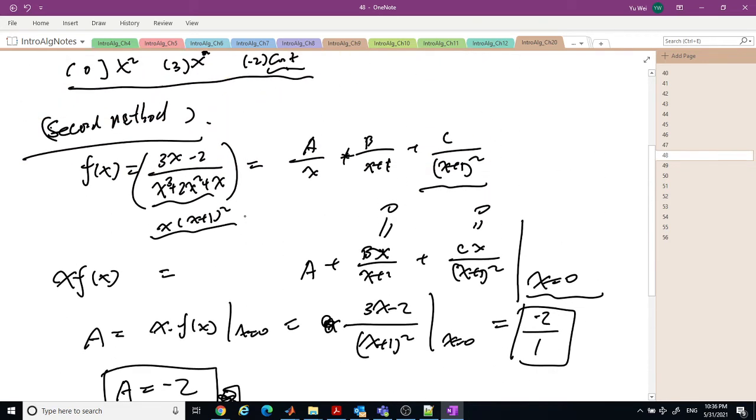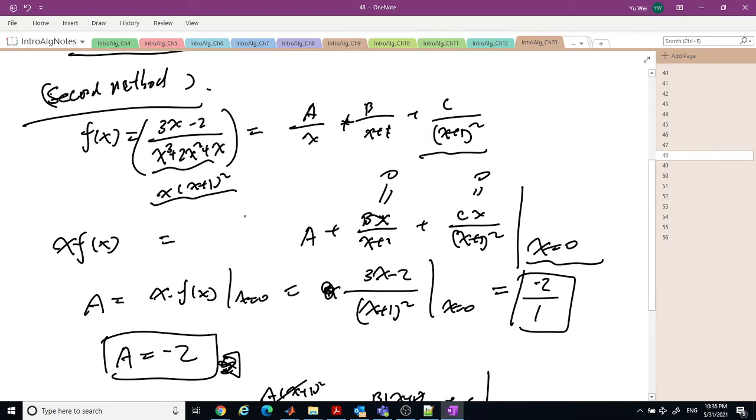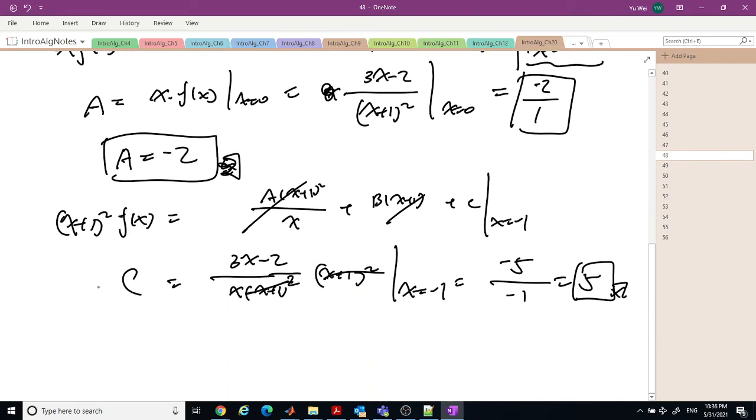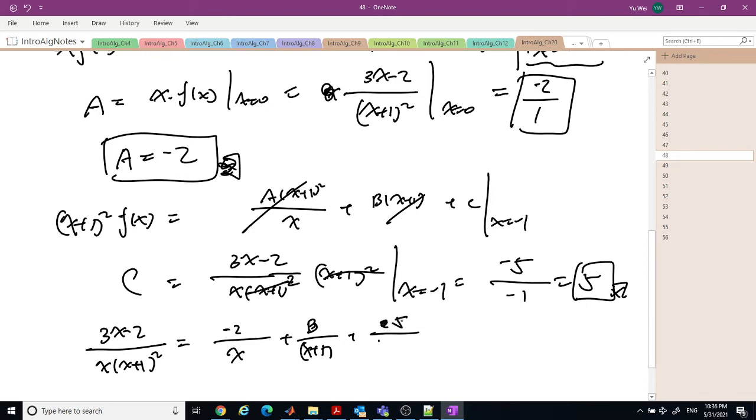Once we solve the a and c, the last step is you have to go back and solve in the regular way. So now let's see, x times x plus 1 squared, 3x minus 2, should be equal to negative 2 over x plus b over x plus 1 plus 5 over x plus 1 squared.